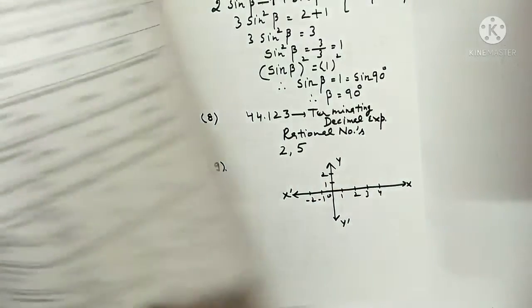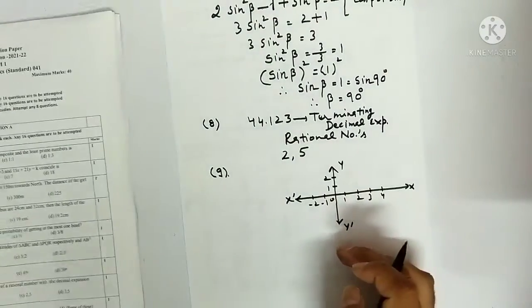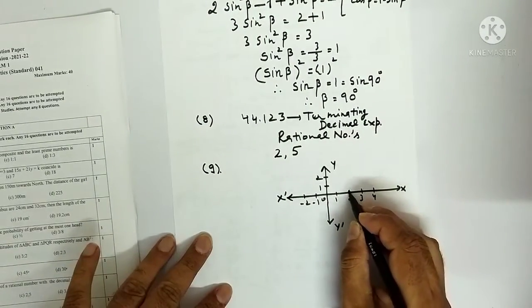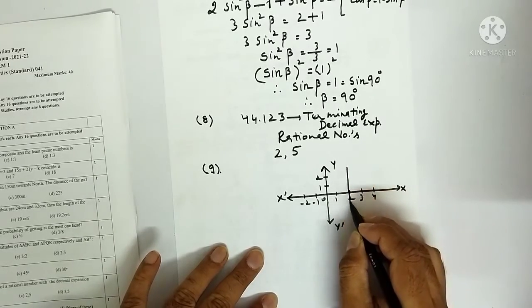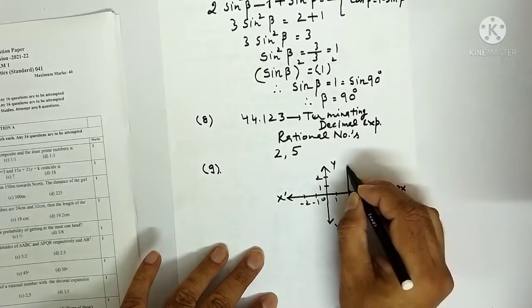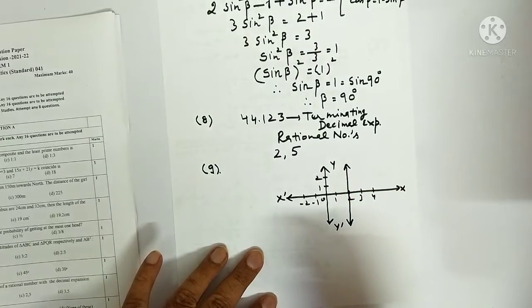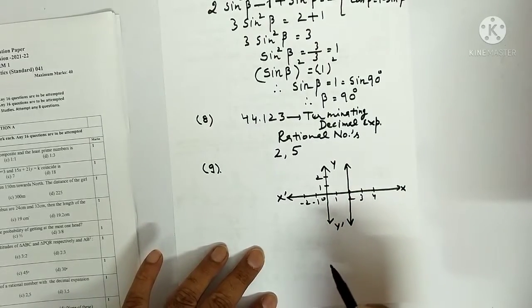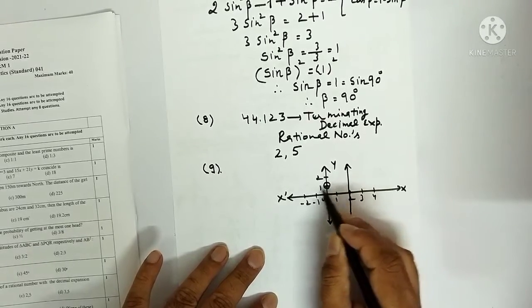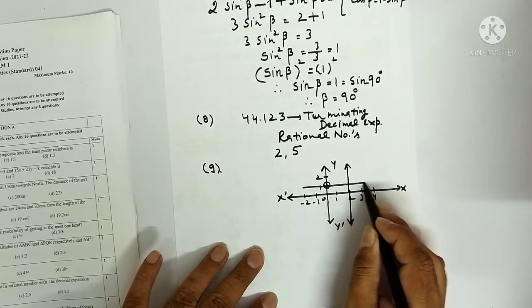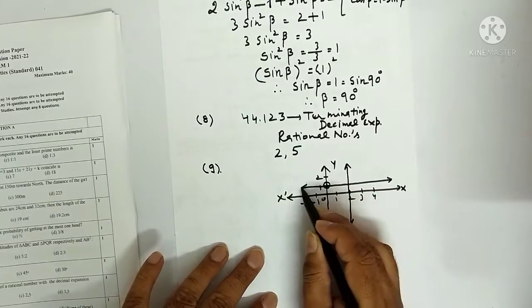Now, first it is x equal to a. X equal to a means suppose I have the value of x as 2. And when I draw this line, what do you observe? It is parallel to y axis. Now y equal to b. Suppose y equal to b, I have taken y equal to 2. So when I draw this line, it will be parallel to x axis.